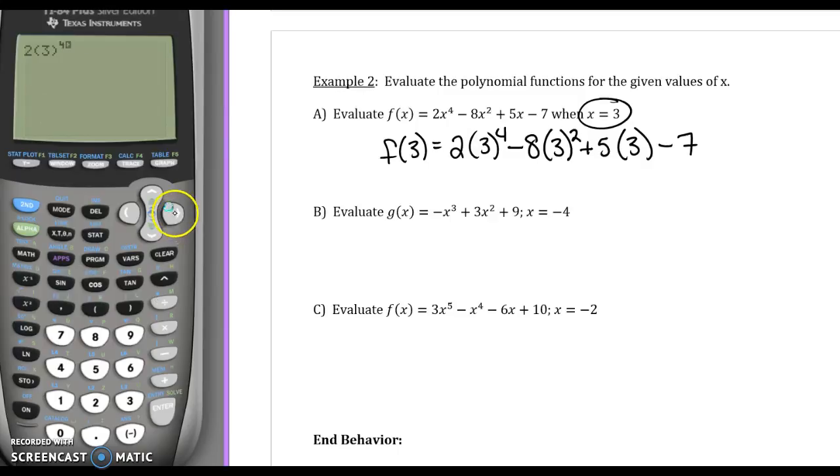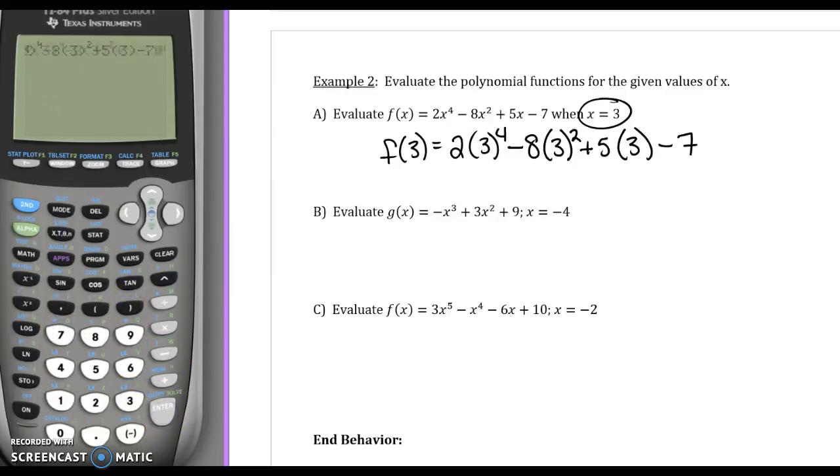So push the right arrow to move down out of the exponent, and then continue with, oops, I forgot my minus sign, minus 8 parentheses 3, close your parentheses squared, plus 5 parentheses 3, minus 7.